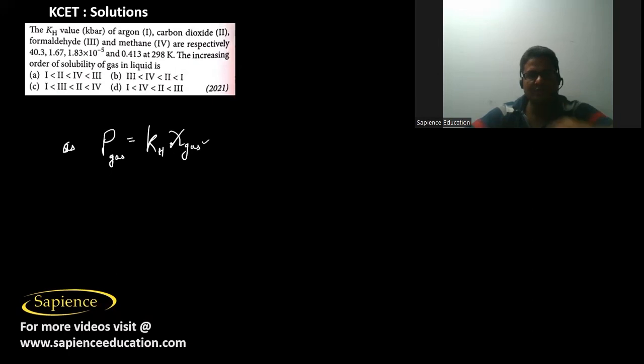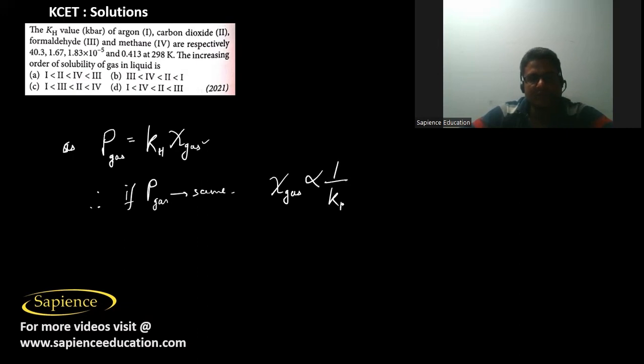If the pressure of the gas is kept the same, the mole fraction of the gas soluble in the solvent is inversely proportional to KH, Henry's constant.